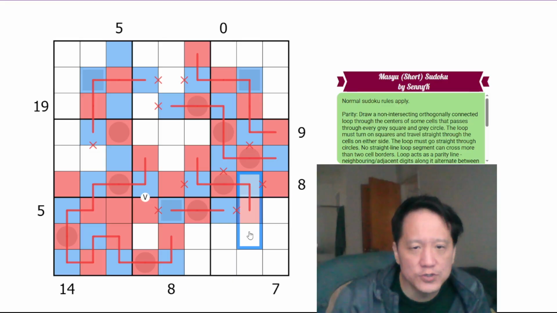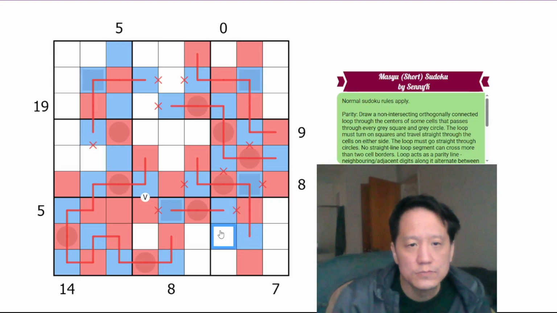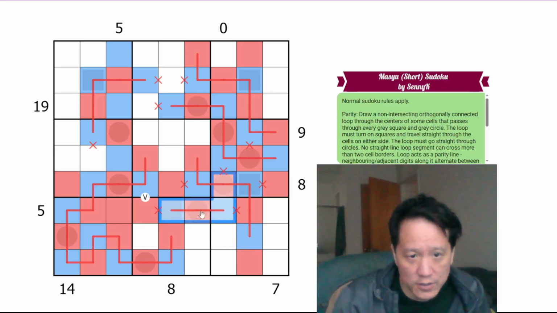Okay. This must go straight through, so it has to go to here. We have 4 evens in column 8, so the rest must be odd. This cannot connect to here, cannot go straight here, so this must go down to here.